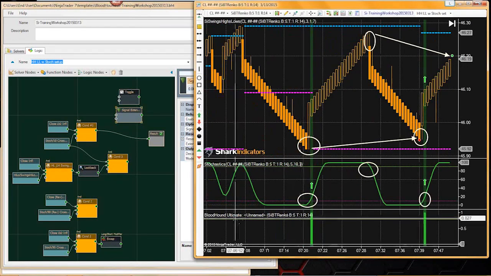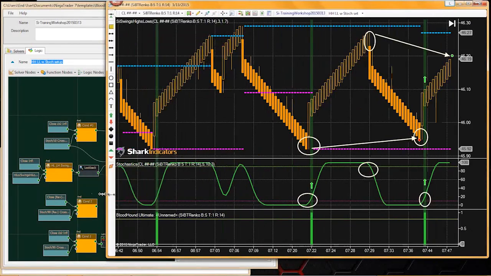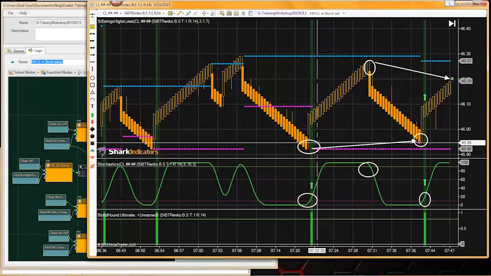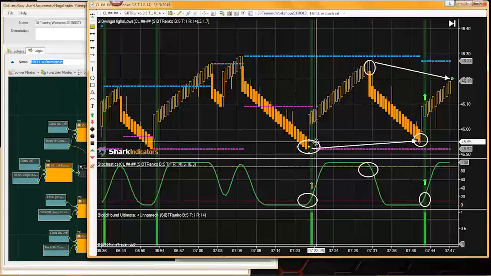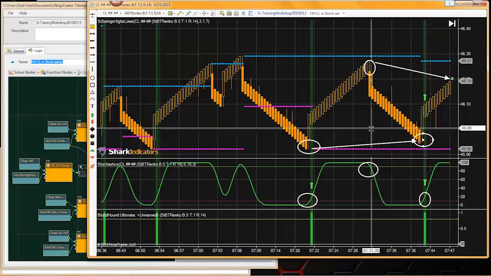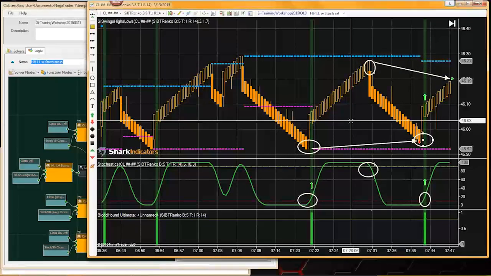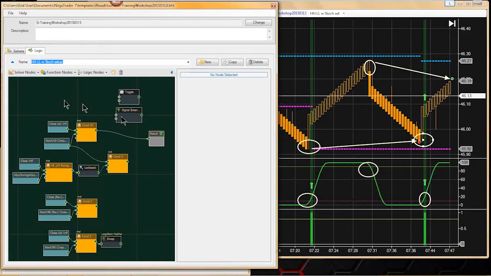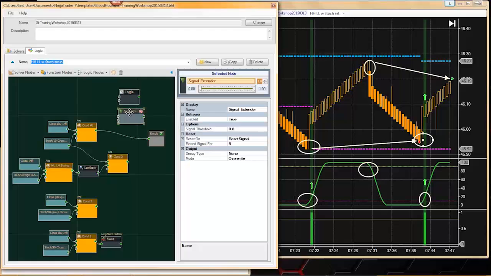My assumption would be that the number of bars between condition 1 and condition 3 is probably not that great, in which case the signal extender would probably be a little easier to set up.